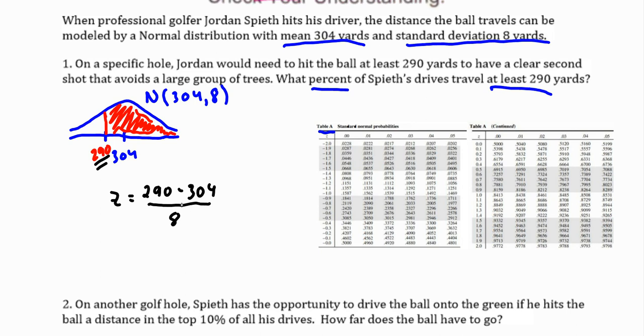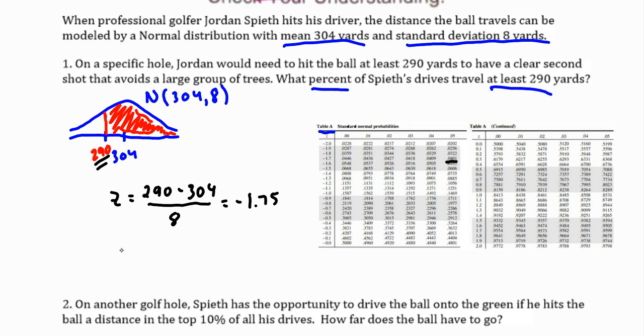When you put this in your calculator, 290 minus 304 divided by 8, you get a z-score of negative 1.75. Now, if you recall, we're going to look at this chart and look for negative 1.7, and go all the way over to where it says 5. And we have that one.